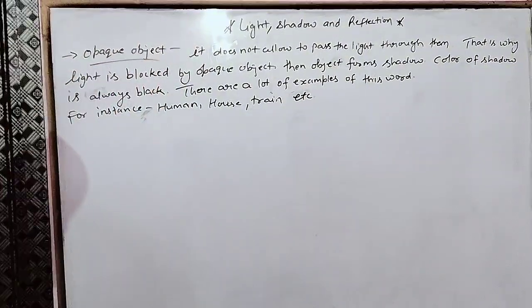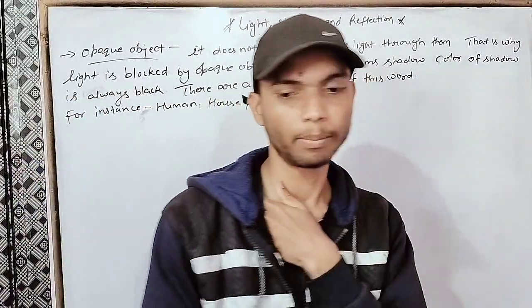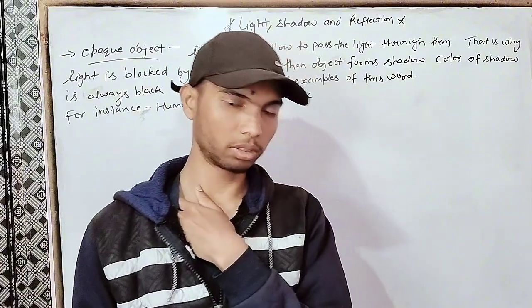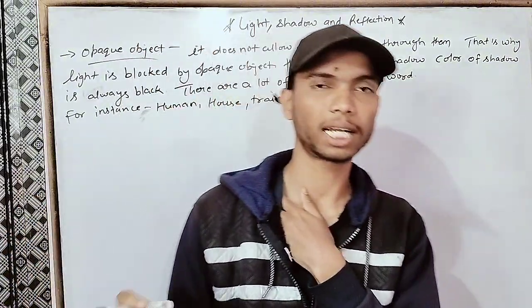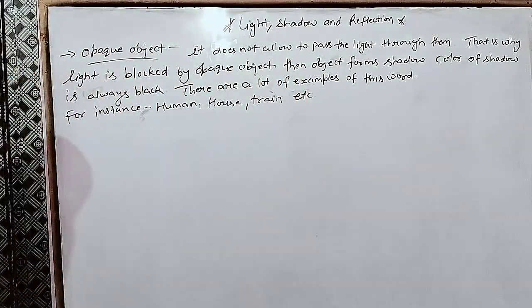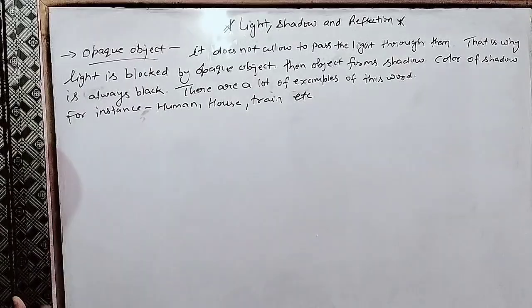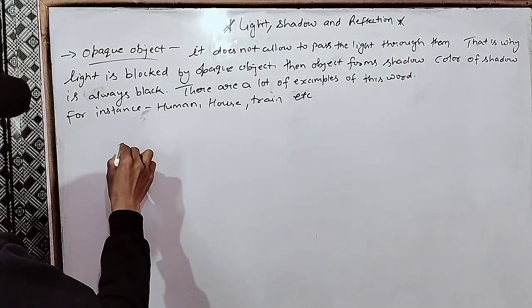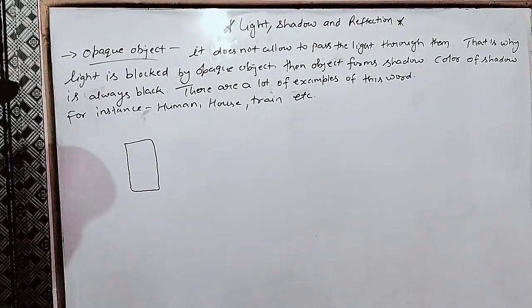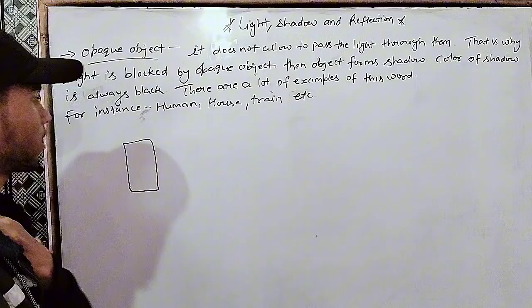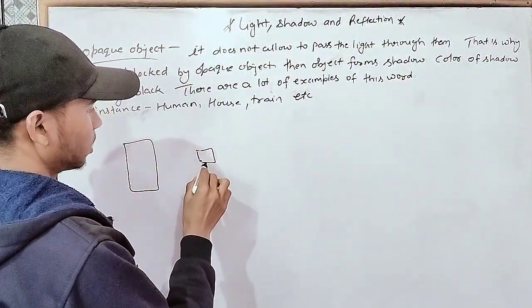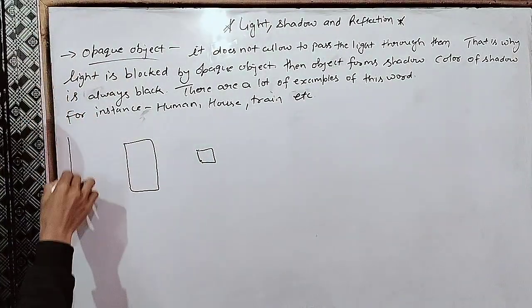Let us see. Okay. Now it's time to understand transparent, translucent, and opaque objects by making a diagram of all this, whatever we studied. First, this is any object. We don't know the name of this object. As we saw, there should be how many things? Three things. This is the first, this is the second, and the third is a screen.